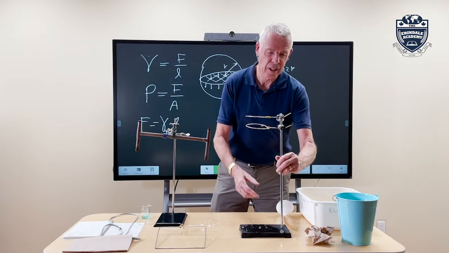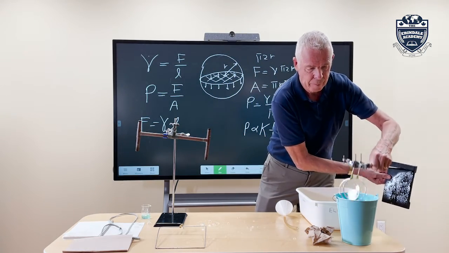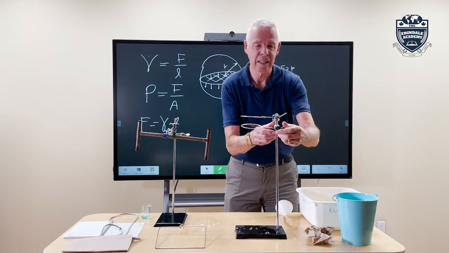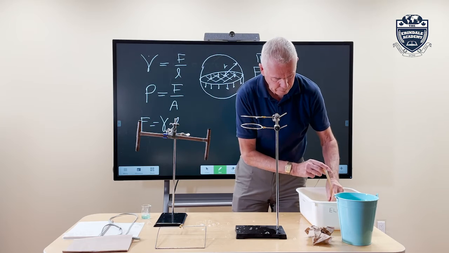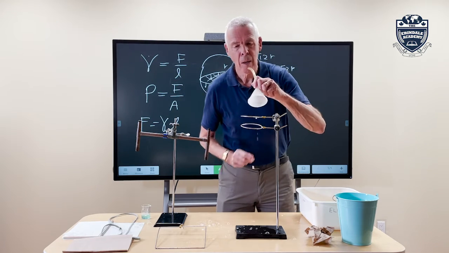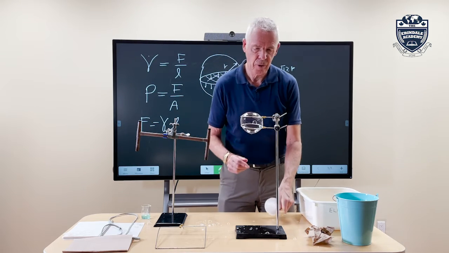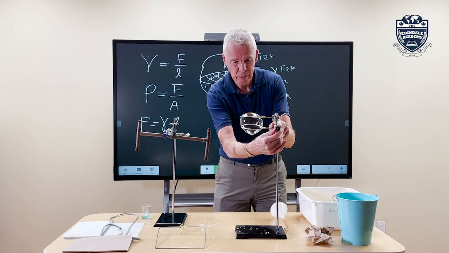I'm going to look at this in a slightly different way, because this tends to make you think that a curved surface means pressure. That doesn't mean pressure all the time. So we have a bubble here, and it's between two rings.